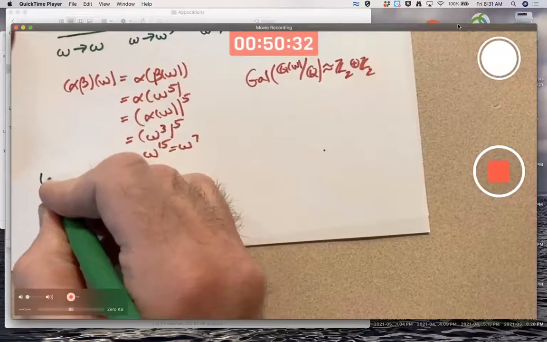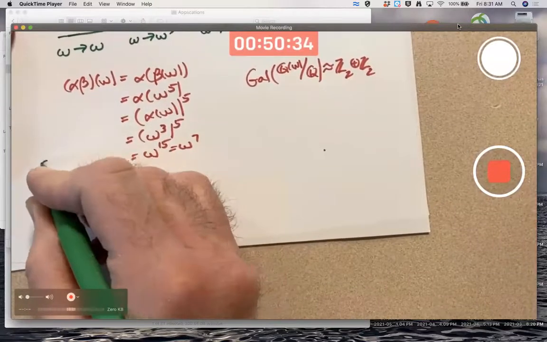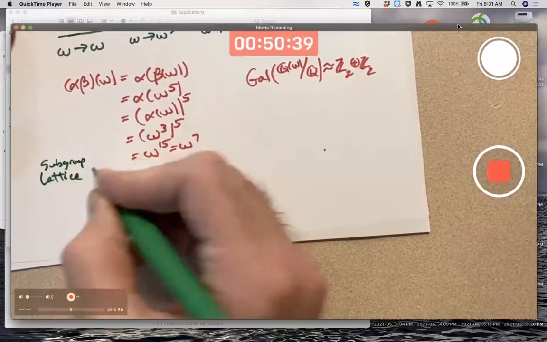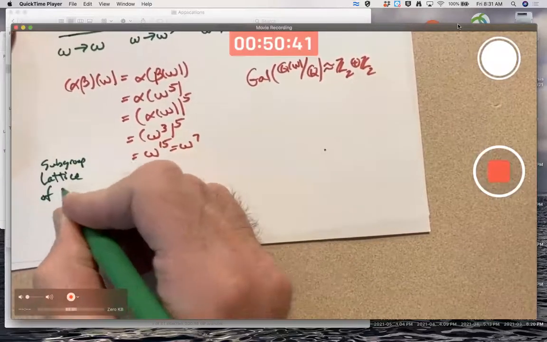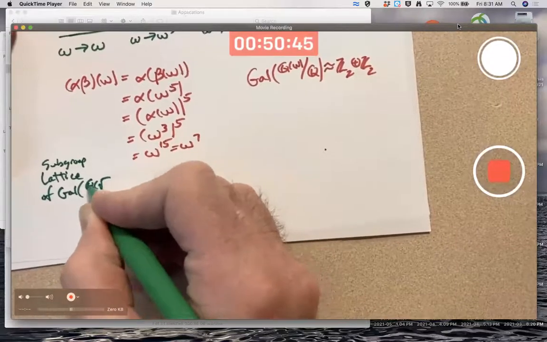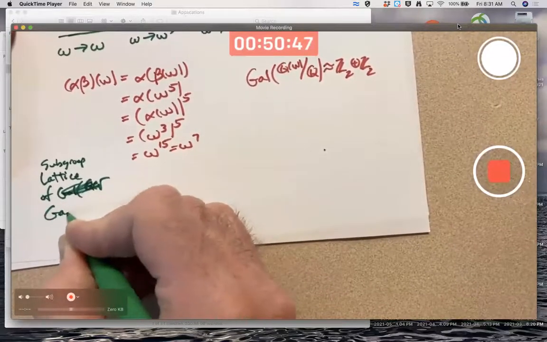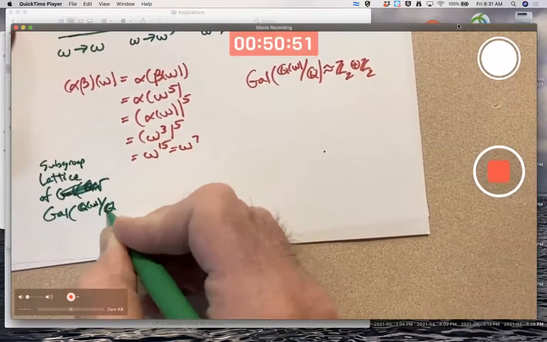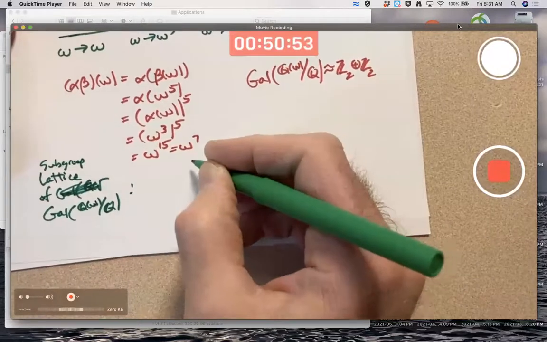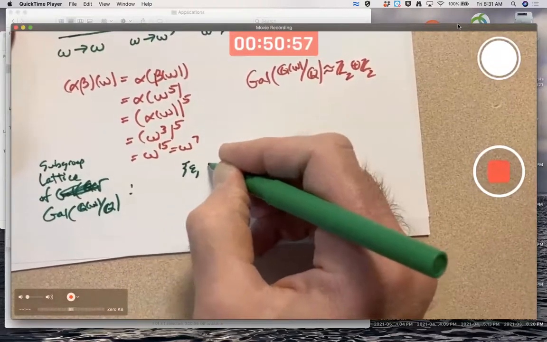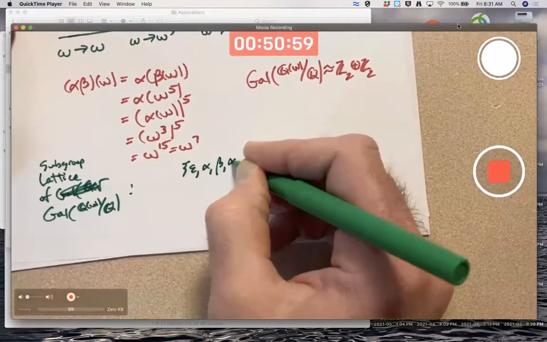The subgroup lattice of the Galois group is going to look like this. There's the entire Galois group, which consists of 4 elements, epsilon, alpha, beta, and alpha beta.